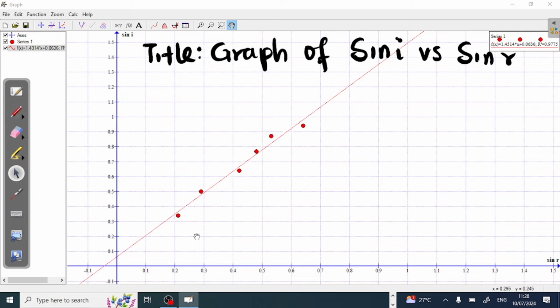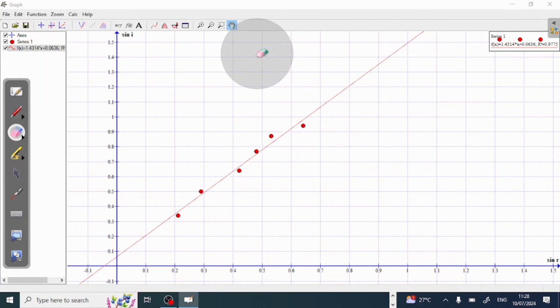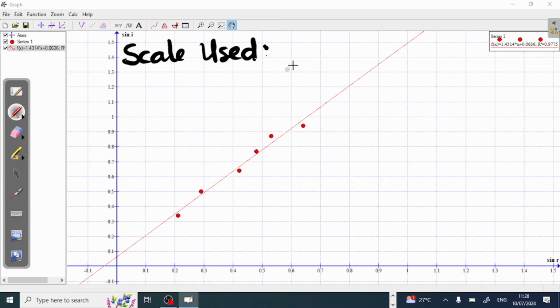So I have this. After title, you have another important thing that you should include in your graph, which is what there, the scale. So I'm taking this off so I can write my scale. All right. So scale used. The next thing you should write there is your scale used. For my scale used, what do I have here? If you look at this carefully, from this point, here's my origin.